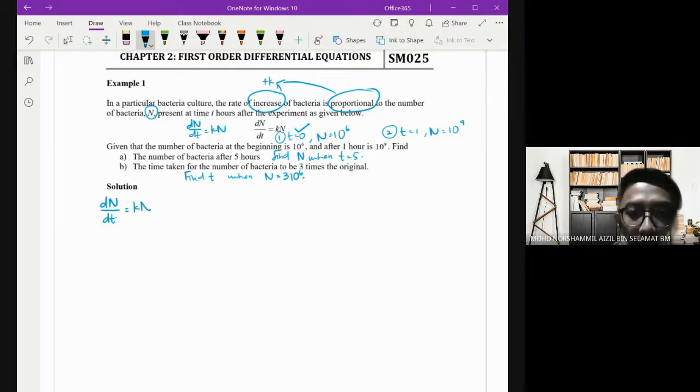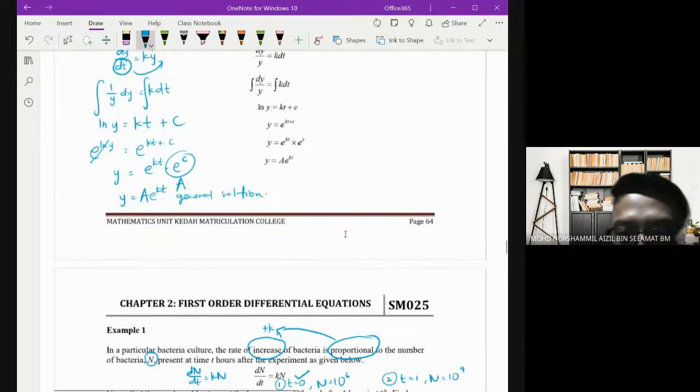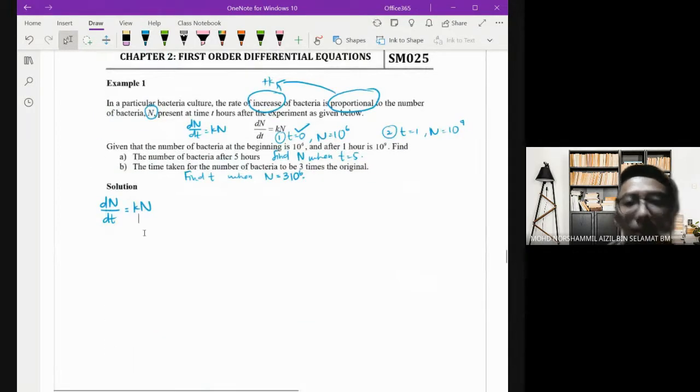Dia memang wajib tunjuk, walaupun kita akan tahulah dia akan dapat nanti N equals A e to the power kt, ya nanti. Sama juga dekat sini pun nanti akan dapat macam tu juga, A exponential power of kt juga. Right? Tapi we still need to show everything.